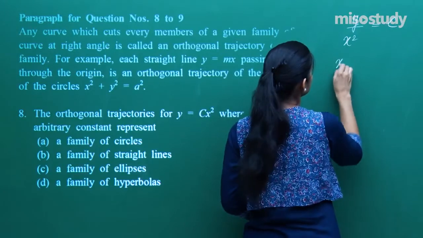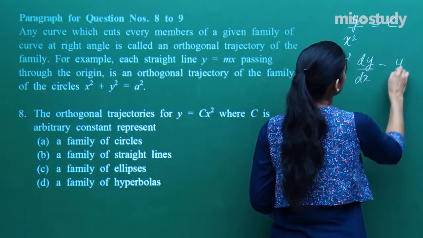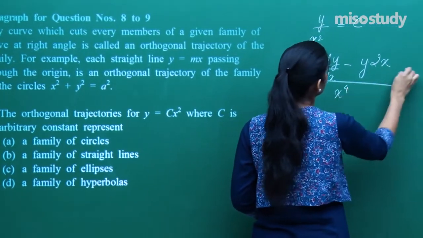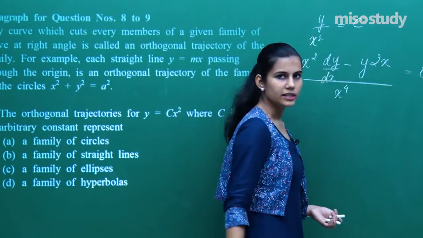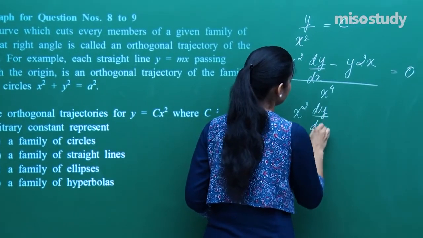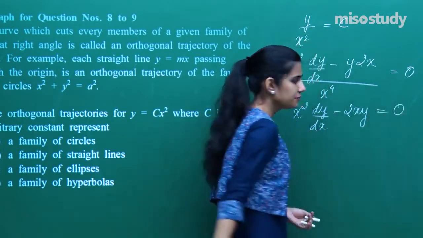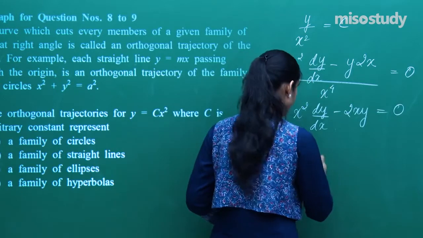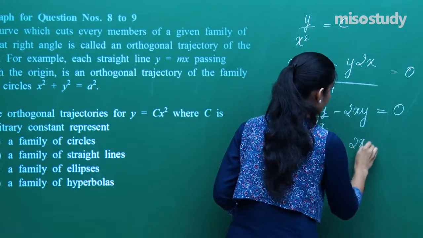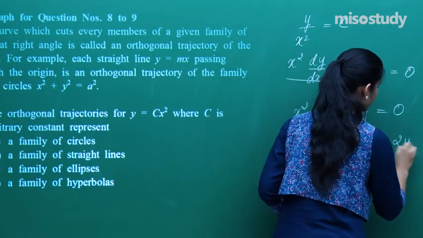Now differentiate, you get second number into dy by dx minus first number into 2x upon x square whole square. d by dx of c is 0. So you get x square dy by dx minus 2xy equals 0. After this I can say dy by dx is 2xy upon x square, which is 2y by x.